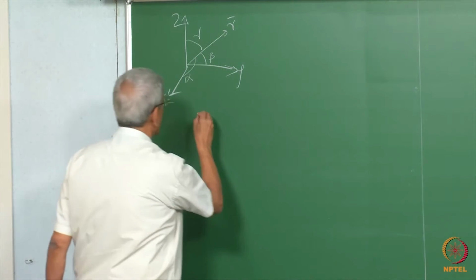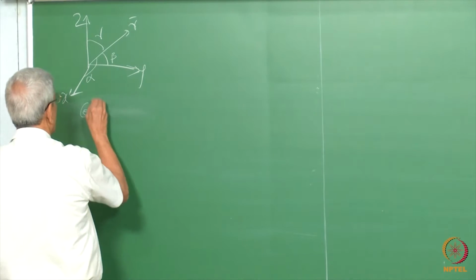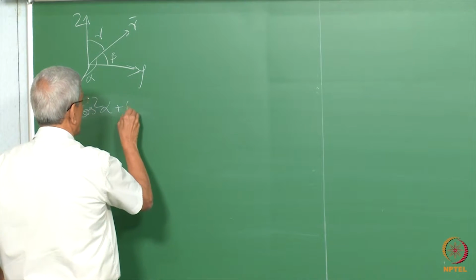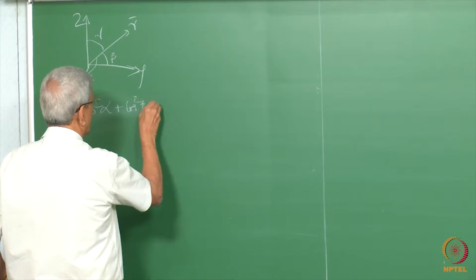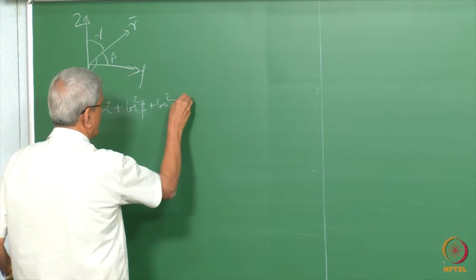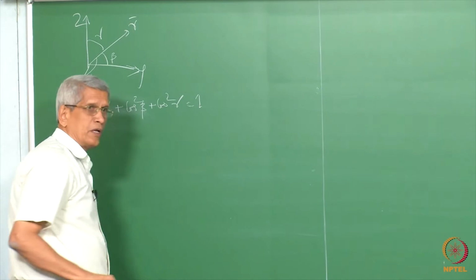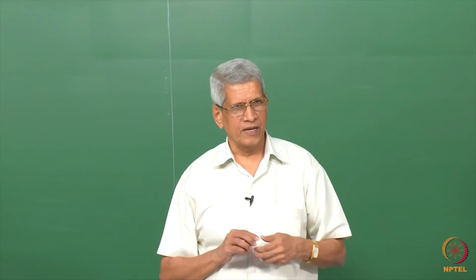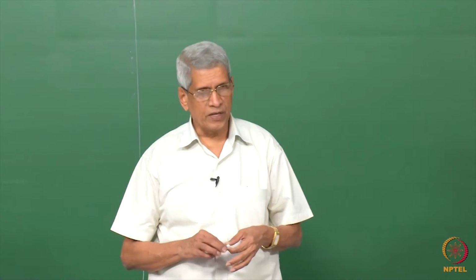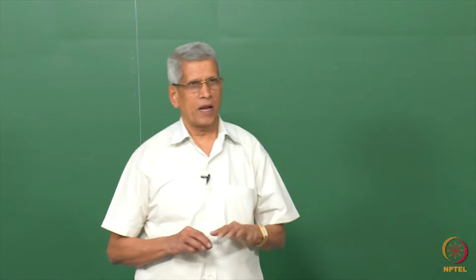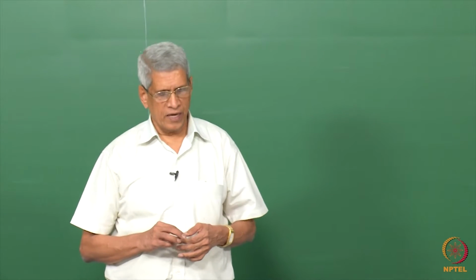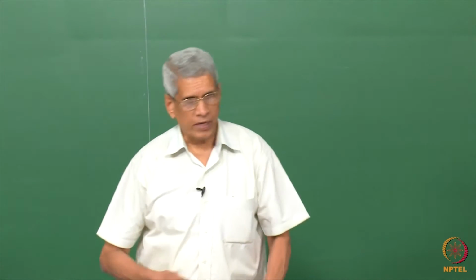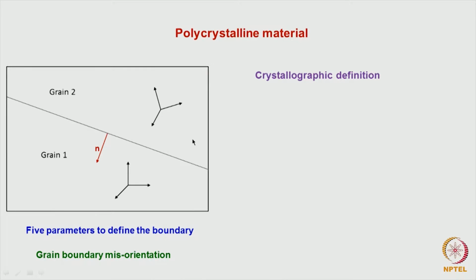But essentially what is going to happen is that the sum of the squared direction cosines equals 1. That means that only 2 are necessary. The other one is already defined by this relationship. So essentially we require 5 parameters to define a grain boundary. This is as far as the crystallographic definition of a boundary is concerned.